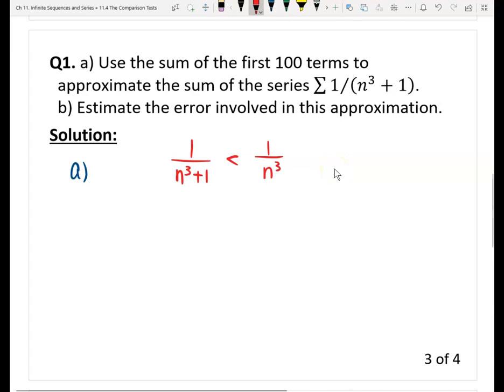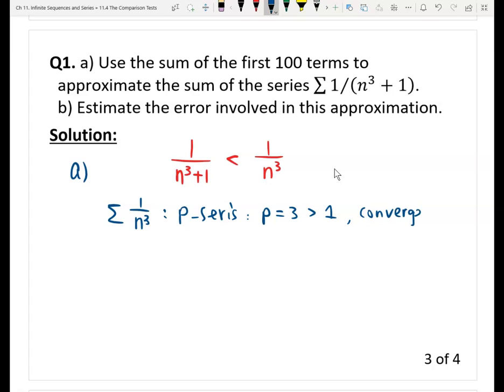Now, what do we have for the bigger one? The bigger one is a P series, with P equals 3, greater than 1, so it converges. And now we know, by the comparison test, the larger one converges, so the smaller one converges too.